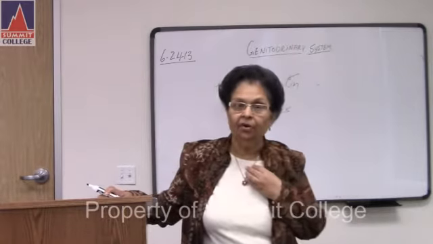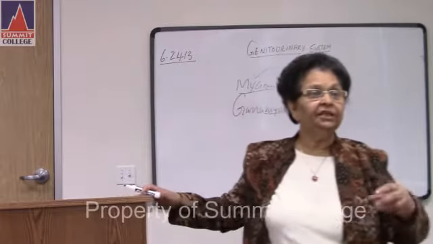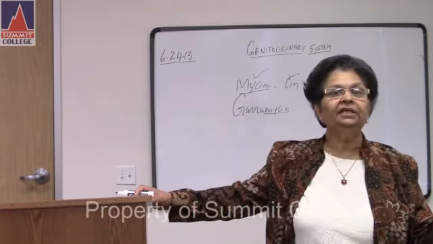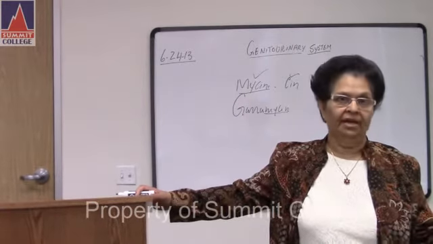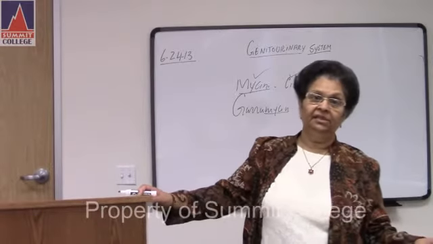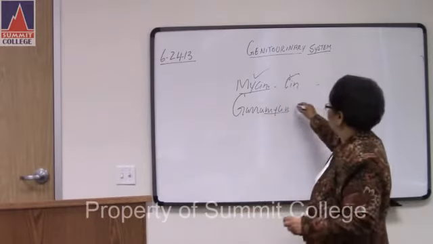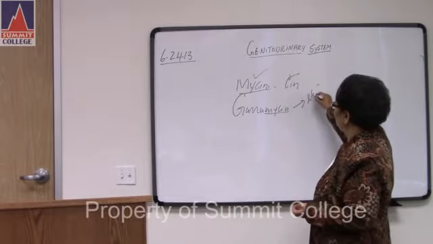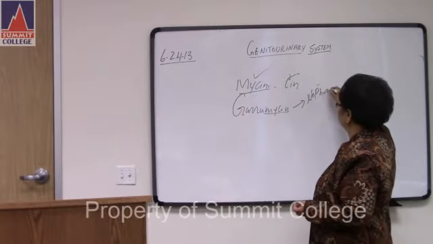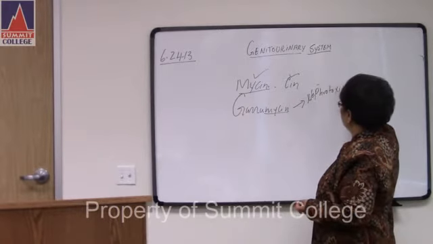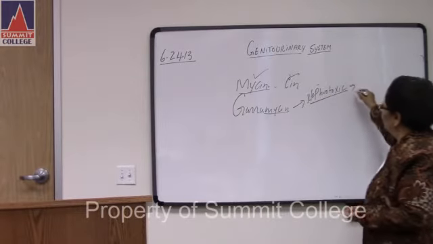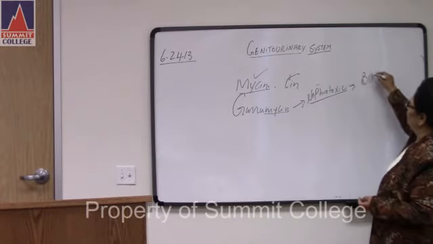Now we need to know. Your question can be, a patient is taking Garamycin. What do you monitor with Garamycin? I want you to write down the word nephrotoxicity. What is nephrotoxic? It means the kidney. What do you monitor in the kidney?